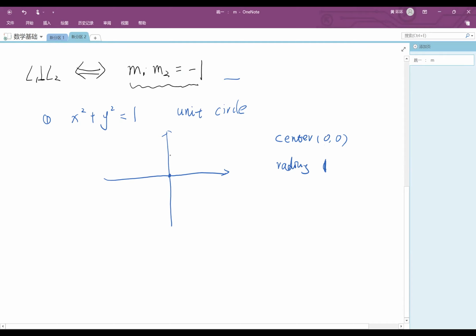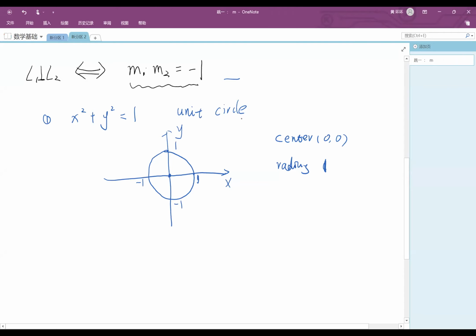So this point will be 1, this point is 1, this is -1, and this is -1.